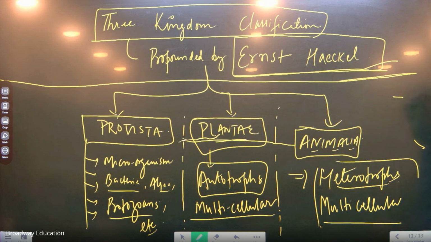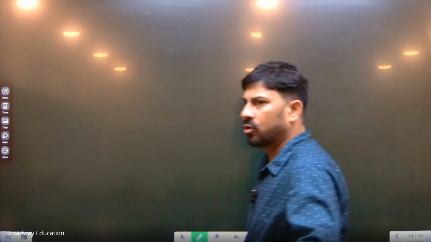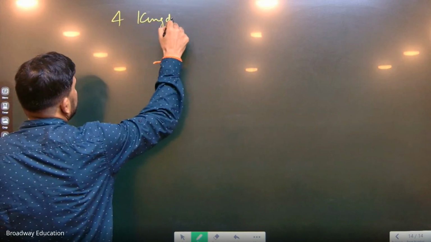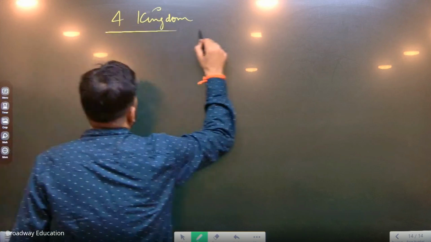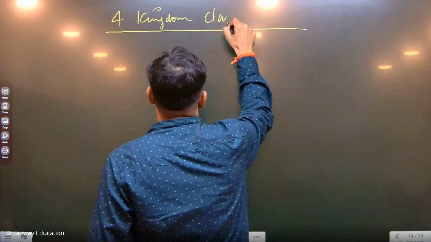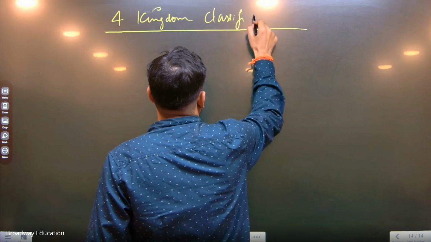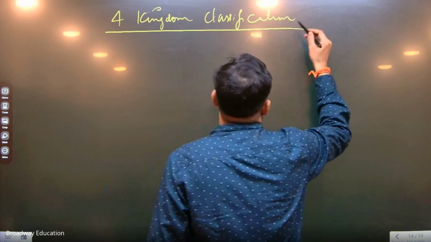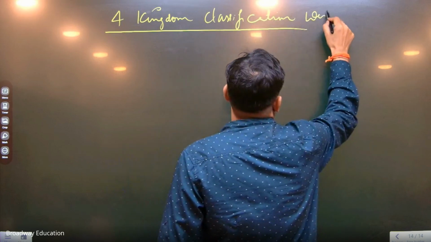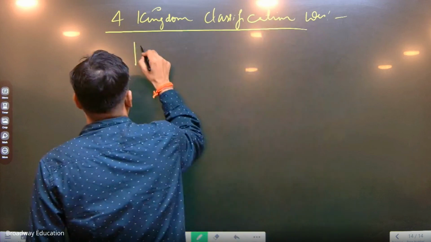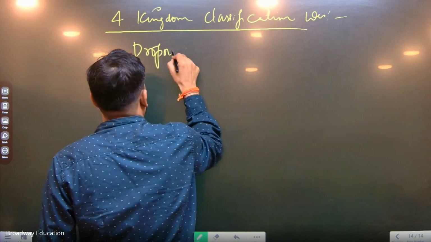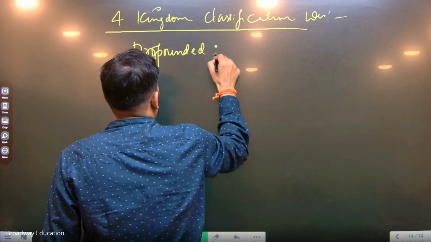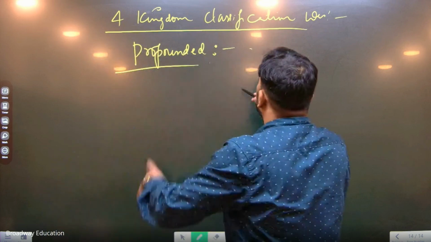Now write the four kingdom classification. The four kingdom classification was founded by Copeland. Mug up the propounder's name.